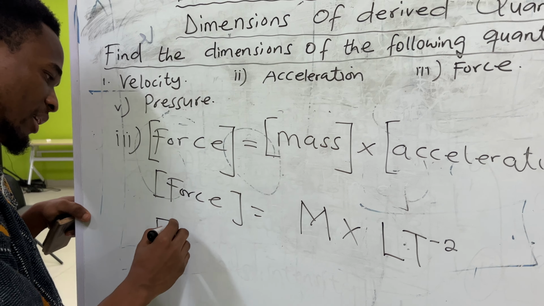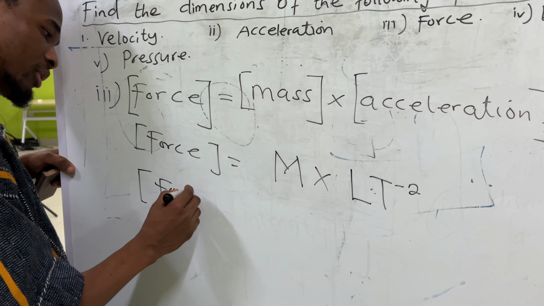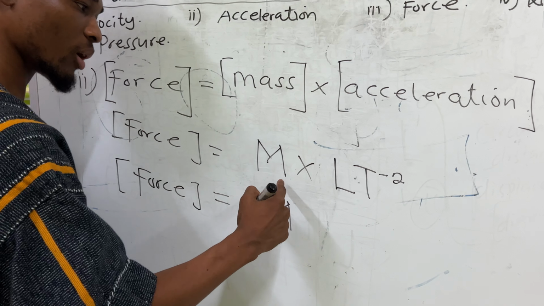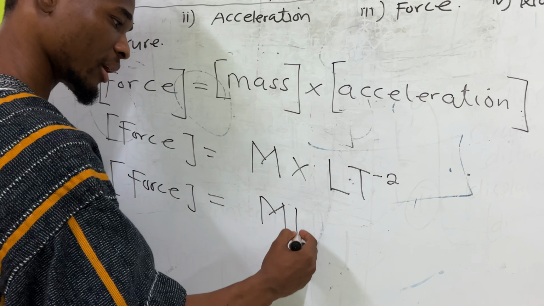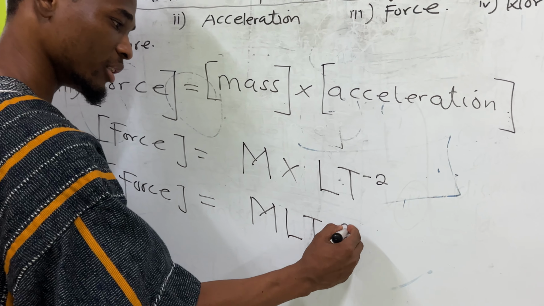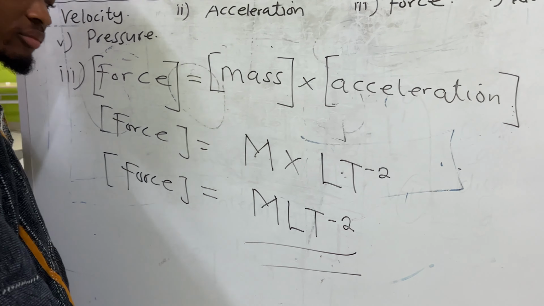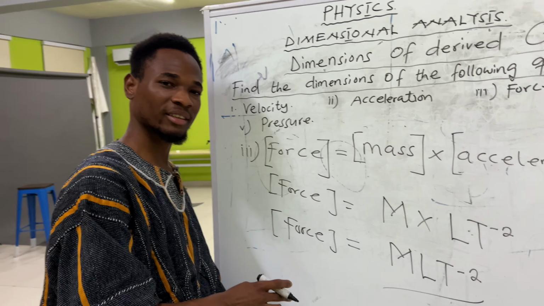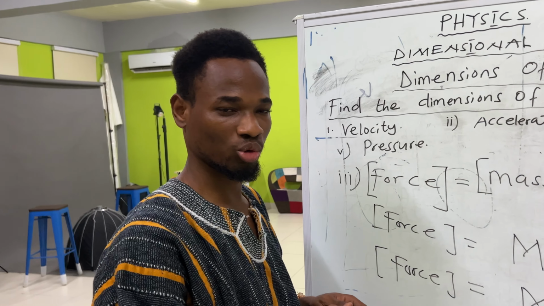Then finally, the dimension of force becomes M L T to the power negative 2. And it's very correct. So this is the dimension for force.